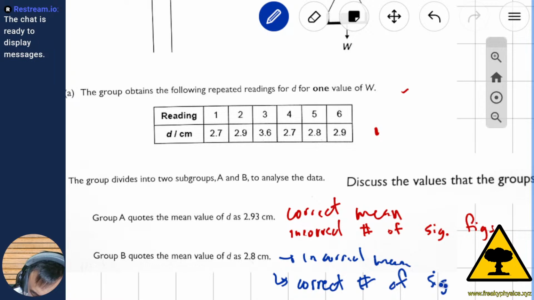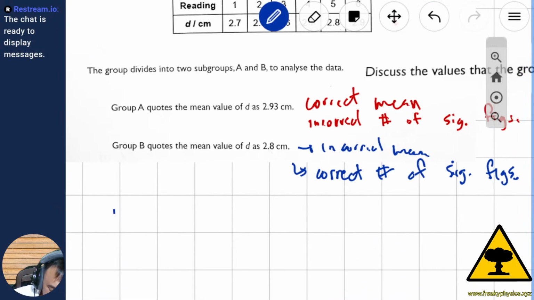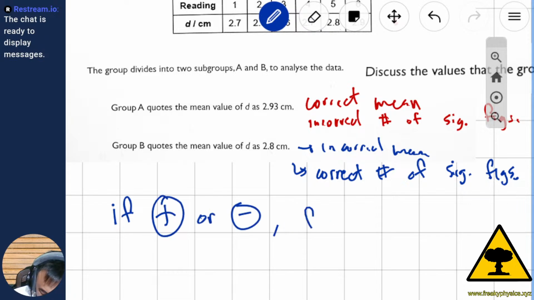Now, the reason for that is, remember, for significant figures, when you're taking, what's the rule? The rule is, if addition or subtraction, follow the number of decimal places.